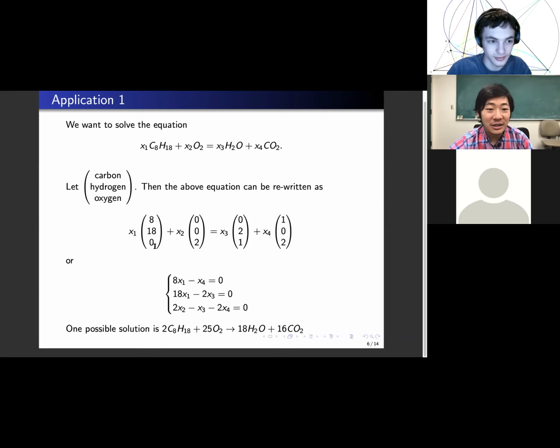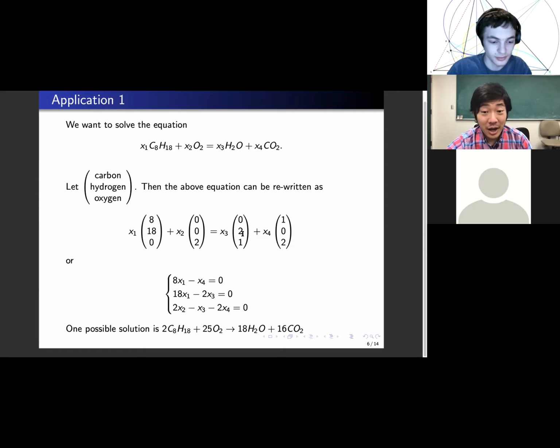So in octane, there's 8 carbon, 18 hydrogen, and no oxygen. And then in O2, there's 2 units of oxygen. And for a chemical equation to be balanced, you need to make sure that there are the same amounts of these elements, carbon, hydrogen, and oxygen, on both sides.